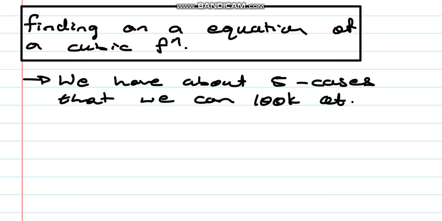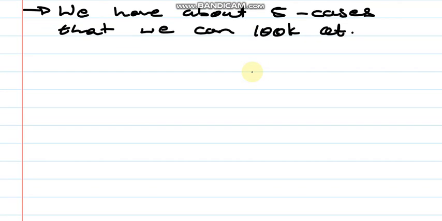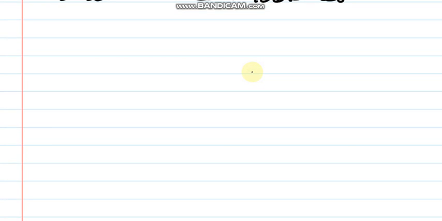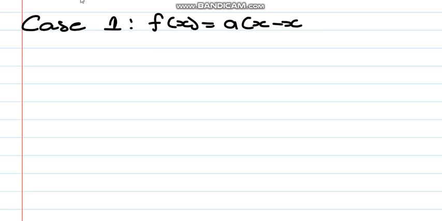So we have case number one, or one situation, where you could be asked to find f of x, where f of x is a(x minus x1)(x minus x2)(x minus x3).